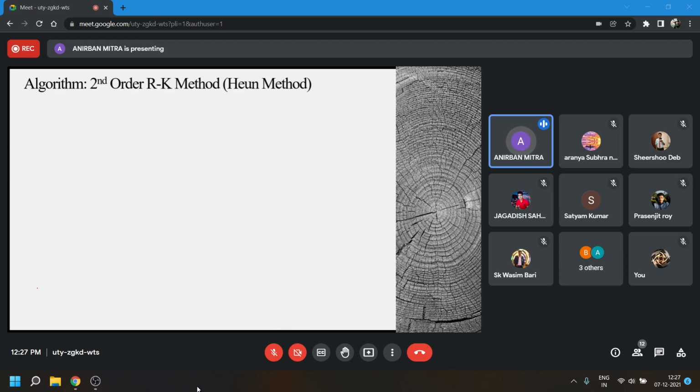What is in our interest is, of course, development of a code. We need to develop a working code to implement the RK2 method. And this can be done quite simply using the graphical understanding of the procedure of this Heun method.